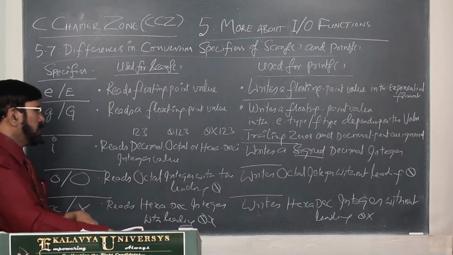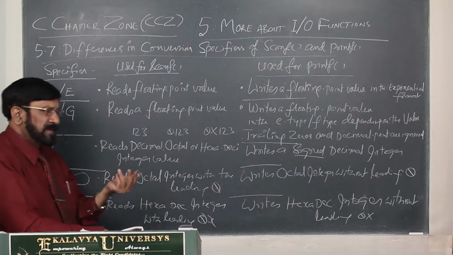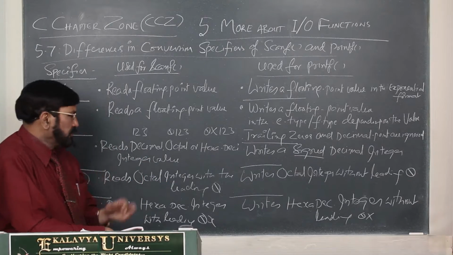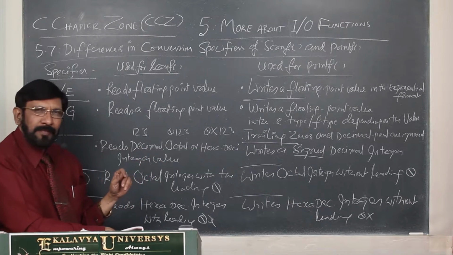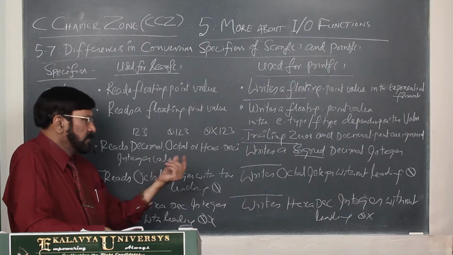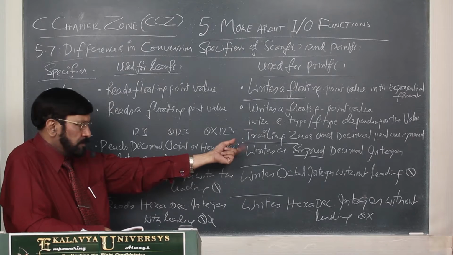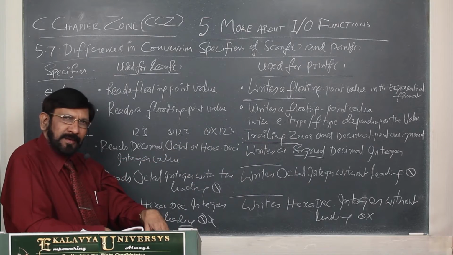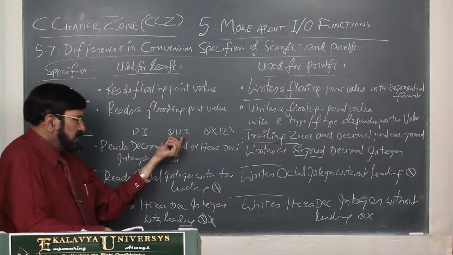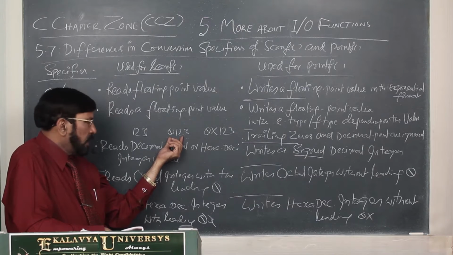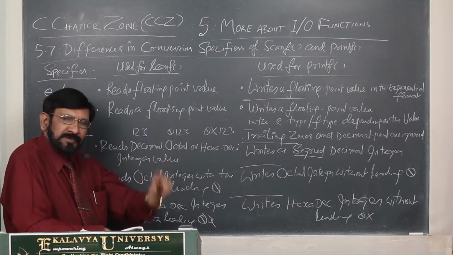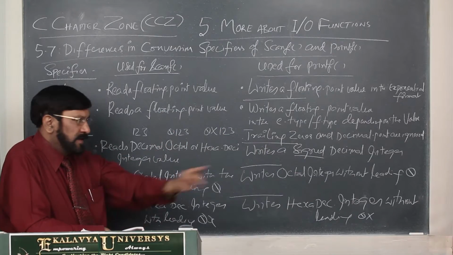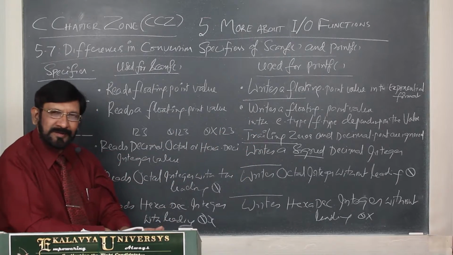Okay. So one experiment you can make, one test program you write, and in scanf you use percentage i and read a decimal value, and same thing use for printf and write it. In the next, you enter an octal value in this format. Thereafter, using same percentage i you write, then you can get the signed decimal integer value.